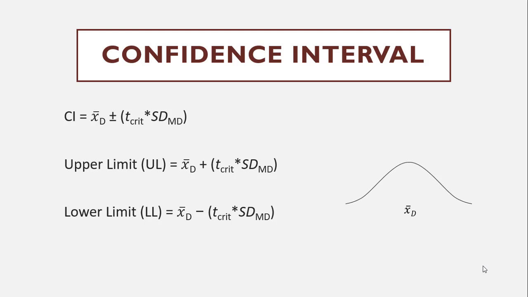Now, the way that we're using those, we have x bar d, whatever that average difference is, and we're going to walk through a concrete example in Excel here in a moment. But whatever that average difference is, if we resampled, if we got a new group of students, they took stats, well, they wouldn't have the same exact average change, they wouldn't have the same exact average difference. We need to know where would that fall, right?